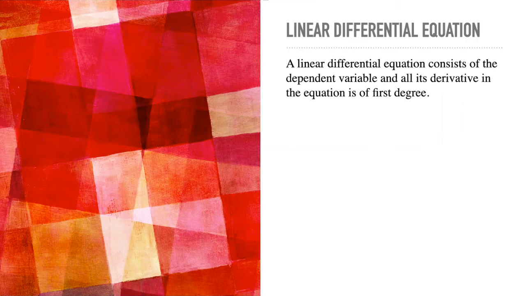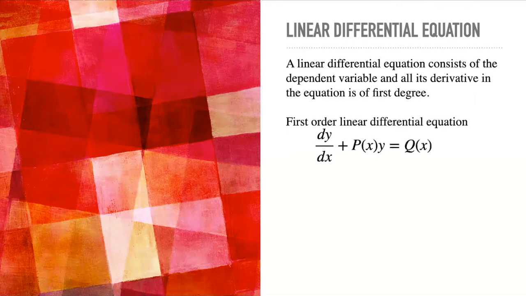So it doesn't matter the order, but it has to be of the first degree. It can be a first order differential equation with a degree of 1, a second order differential equation with a degree of 1, a third order differential equation with a degree of 1. So it doesn't matter what the order is, it's the degree that needs to be 1.